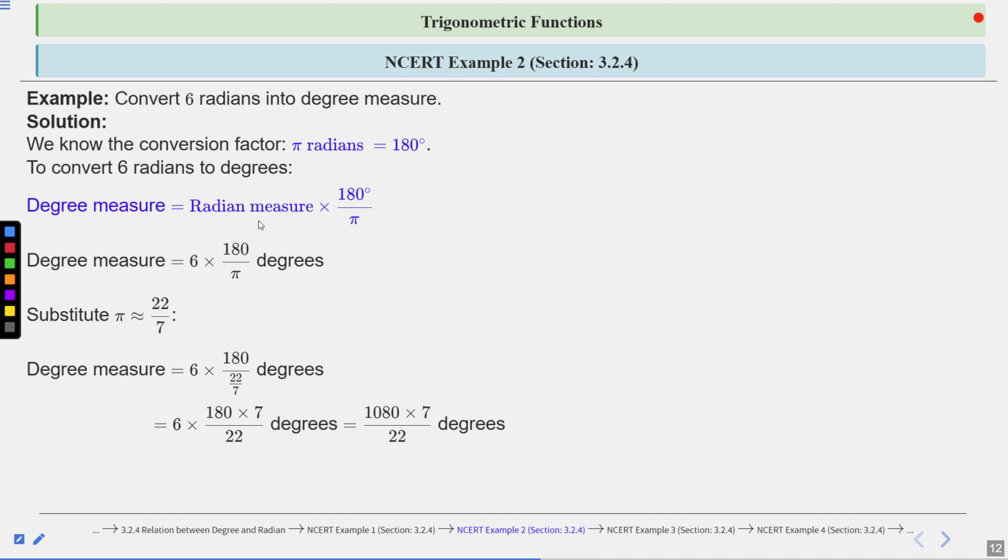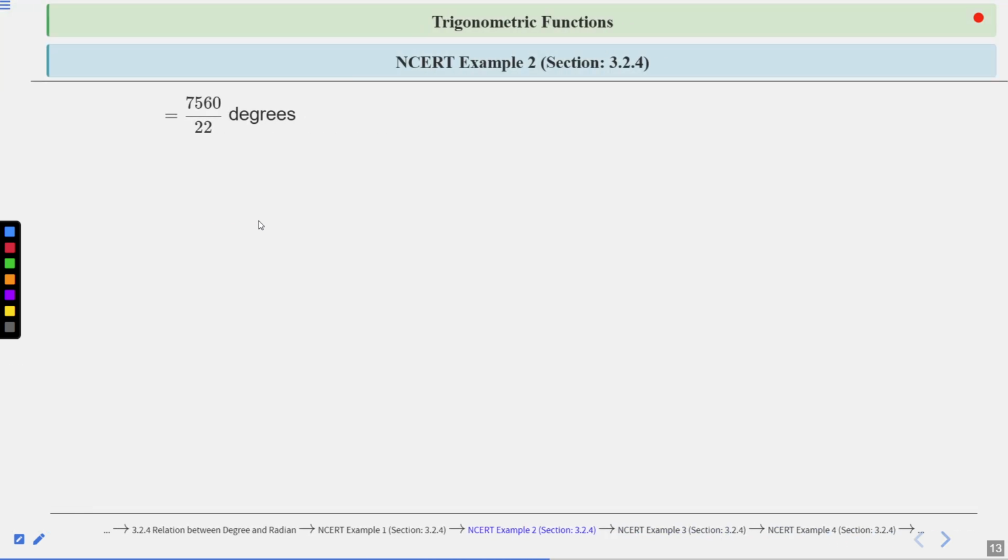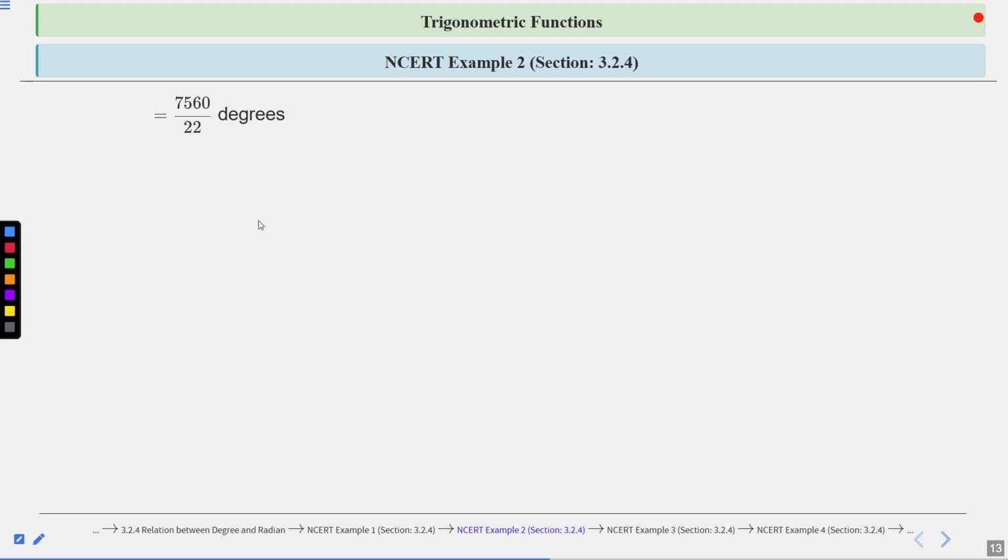After simplifying, you'll get 1080 times 7 by 22 degrees, moving to the next slide, which is equivalent to 7560 by 22 degrees. Cancelling out the common factor 2, you will get 3780 divided by 11.